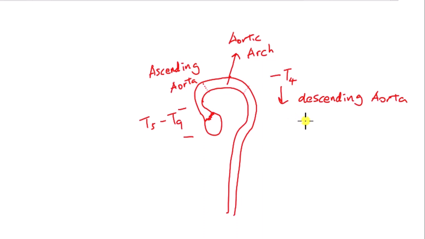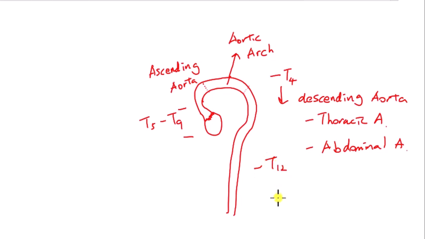The descending aorta can be divided into thoracic aorta and abdominal aorta. Thoracic aorta starts, like I said, around the level of T4, and it finishes at around T12, the last thoracic spine.